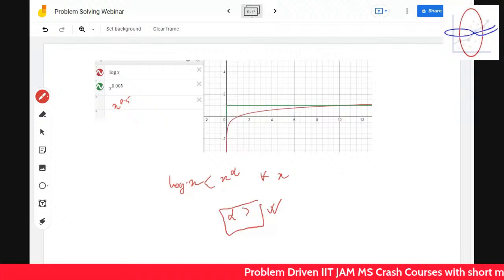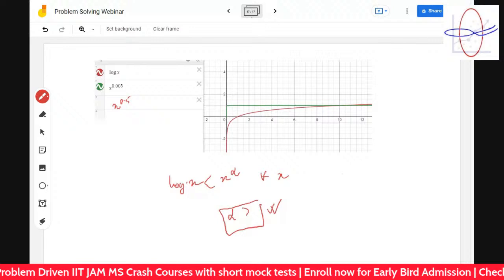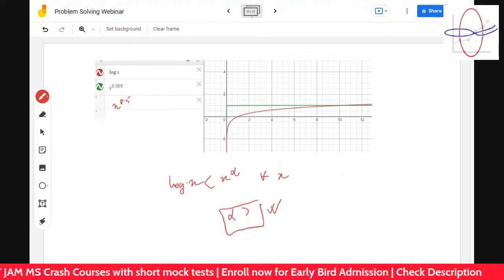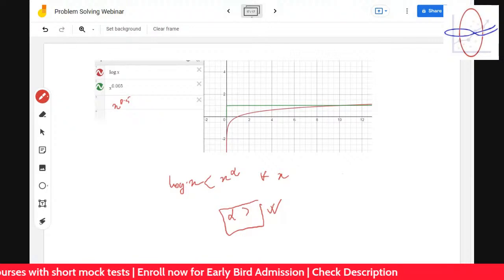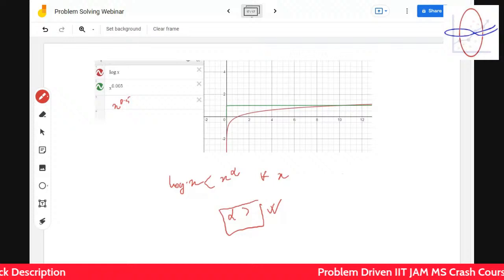No, it's not happening over there. Think about what is really happening, and why. So think about this problem. It's a super important problem, and this type of problem will build your future research and ideas about how to solve problems. This is how you ask questions: if log x is less than x to the power alpha, for which alpha?